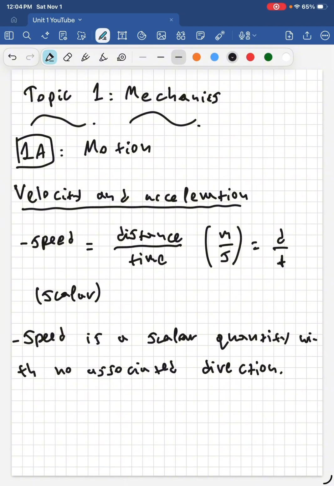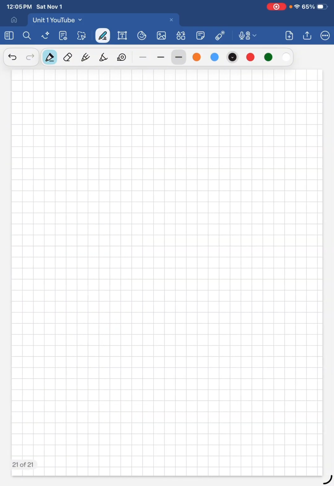Okay, so that's done. There's nothing more to talk about. To calculate it, you need to measure the time to cover some distance, okay? Again, without taking the direction into account, okay? So that's it.